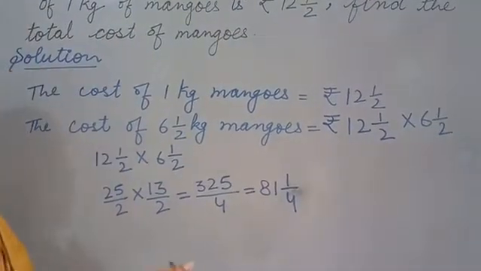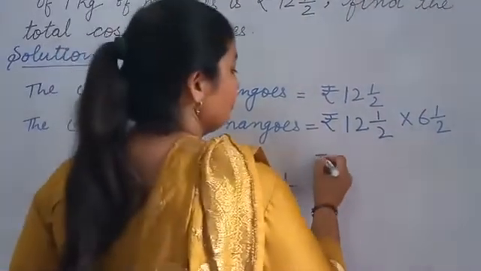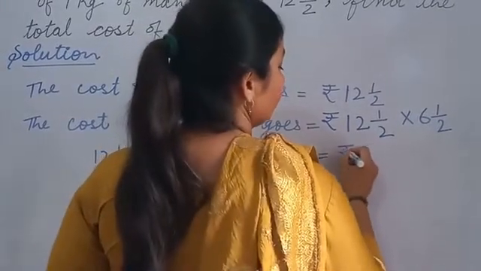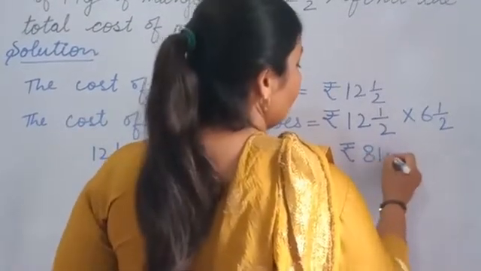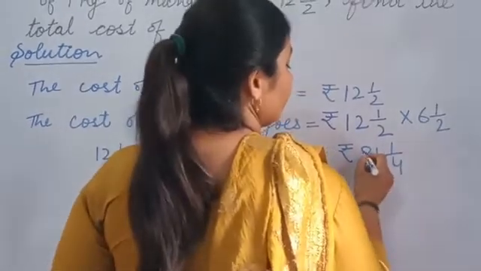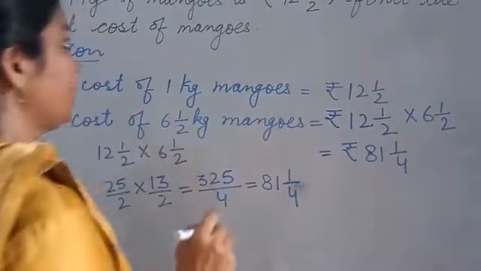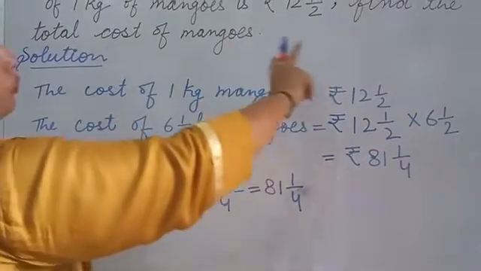That's your answer. So we can write here equals to rupees 81 whole 1 upon 4. That's your answer. So we can write find the total cost of mangoes.